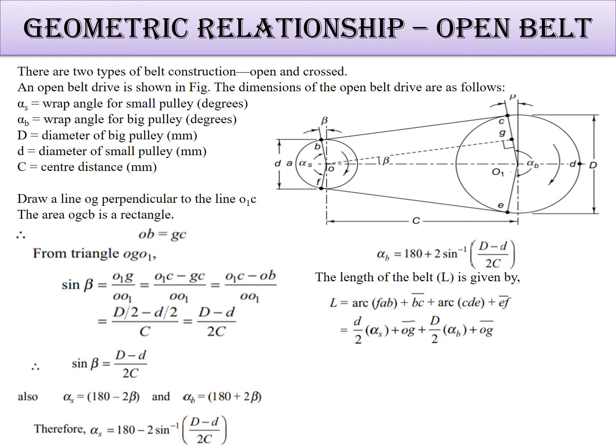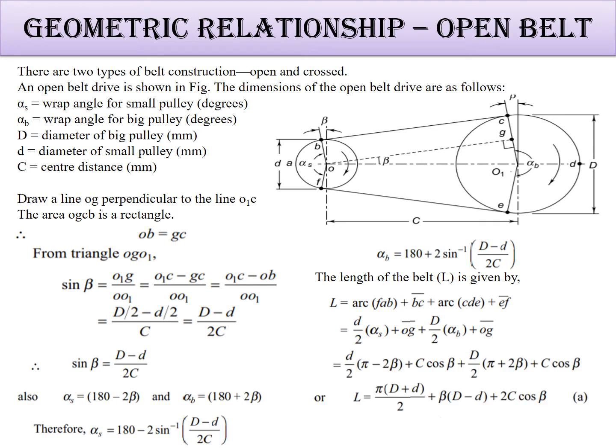BC is nothing but the OG value, plus D by 2 alpha b, and this OG is the same distance. So if you put the values, we get D by 2 times pi minus 2 beta for alpha s, plus C cos of beta, plus D by 2 times pi plus 2 beta, plus C cos of beta. OG is nothing but C cos of beta.